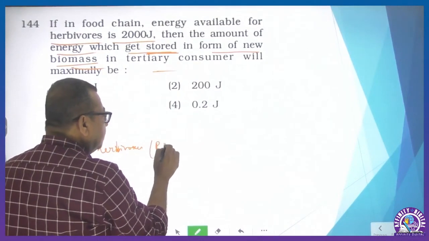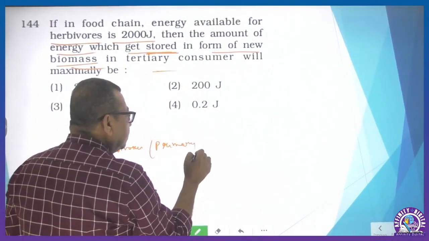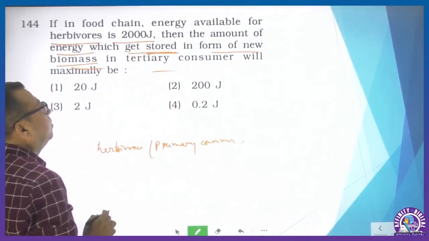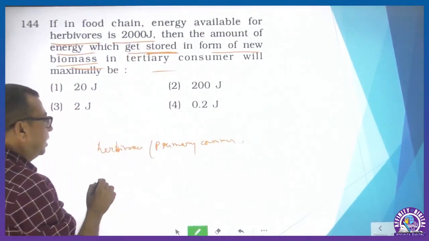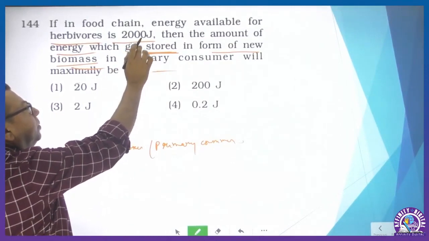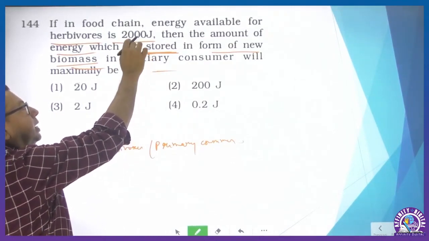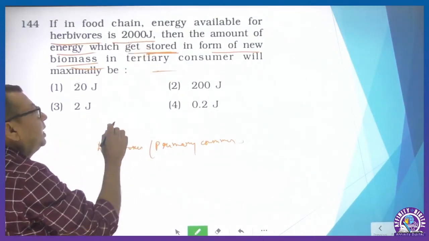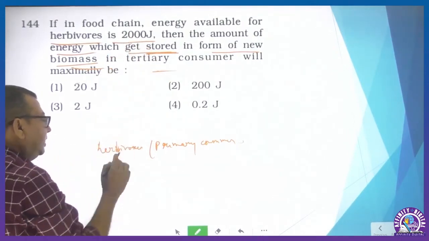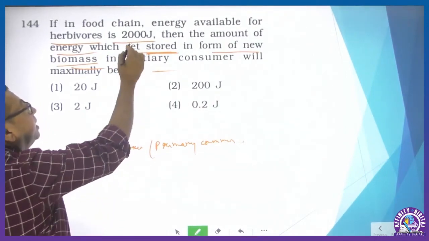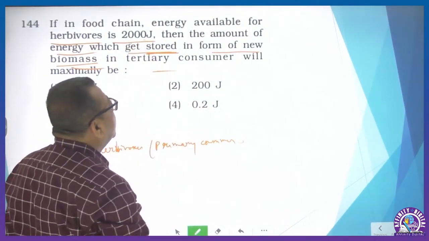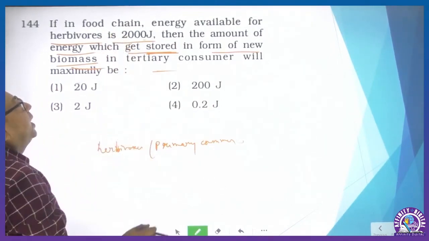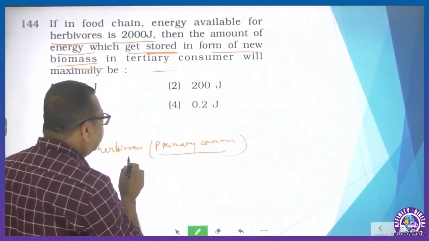How much energy is available to herbivores in the form of biomass? 2000 joule. Will the herbivore use all 2000 joule to make new biomass? No, only 10% of it will be utilized. So 10% of 2000 is 200 joule. So 200 joule will be stored as biomass at the primary consumer level, that is, herbivores.